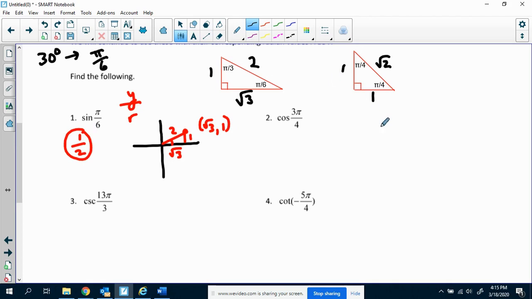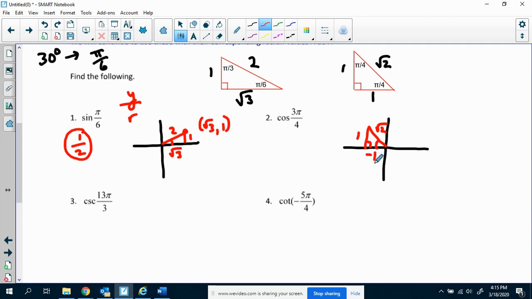Cosine of 3 pi over 4, so 3 pi over 4 is in the second quadrant, and that's a pi over 4 reference angle, so my reference angle being right here, I would draw 1, 1, square root of 2, and then I'd notice that this is negative.